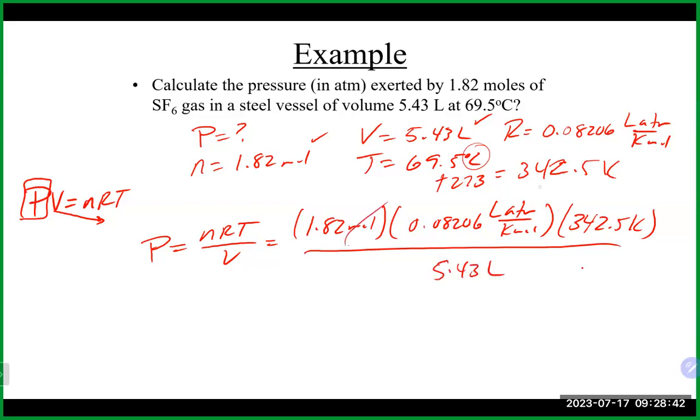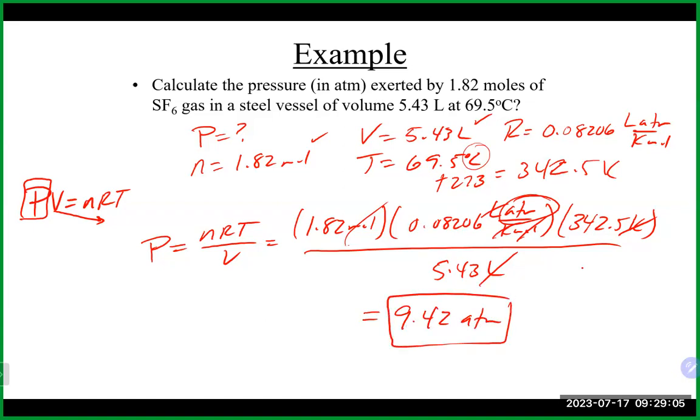Unit-wise, moles cancel, Kelvin cancel, liters cancel, leaving atmospheres as the only unit still standing. That gives us 1.82 times 0.08206 times 342.5 divided by 5.43, which is going to give us 9.42 atmospheres as our pressure.